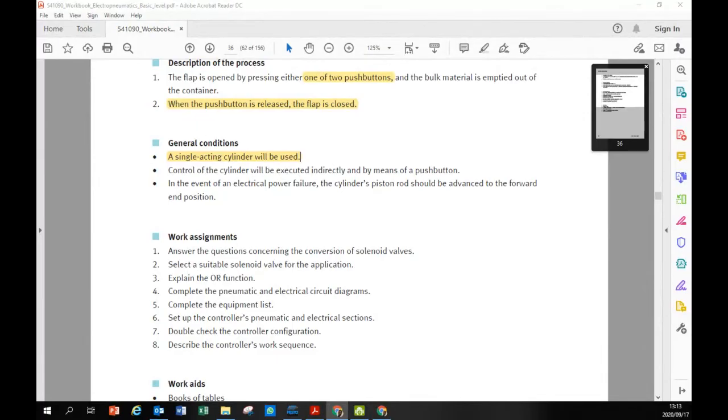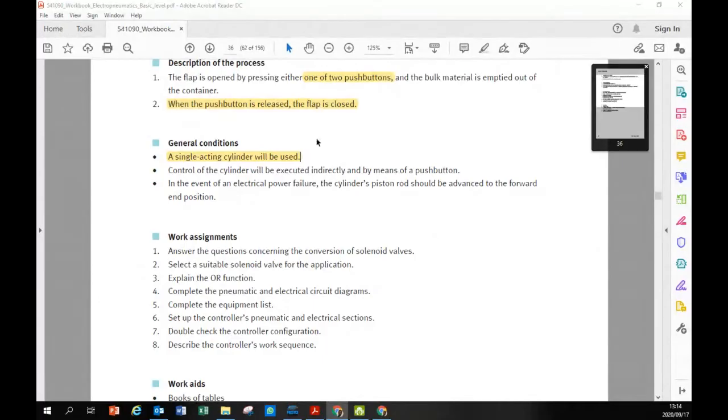Okay, it only allows one input, as a spring return. So you only power it from one input, and it has a spring return. Meaning that it doesn't require a certain mechanism to return. It comes back by default using a spring.